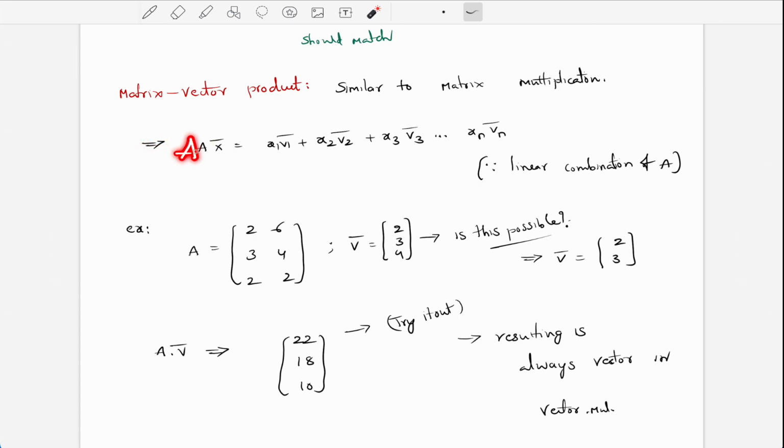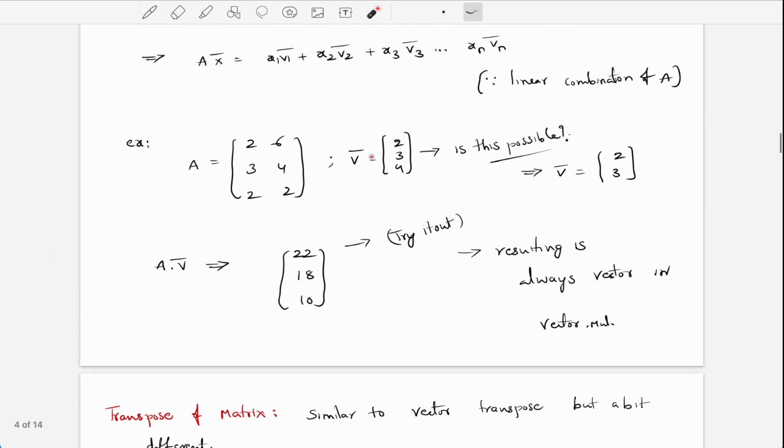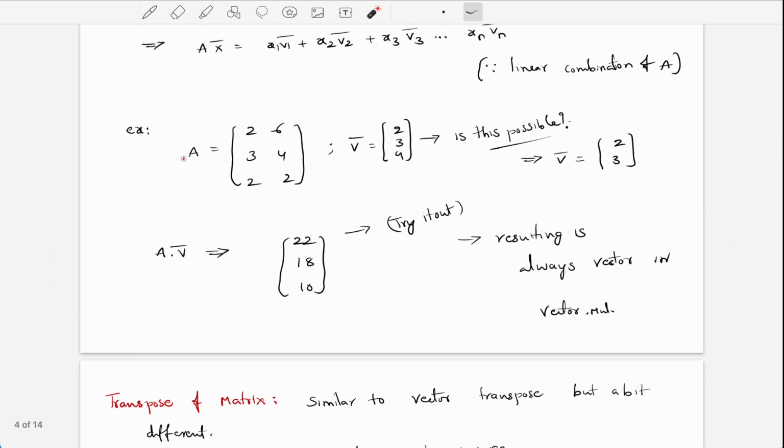We have a matrix and an x vector, and we are simply multiplying with each one. If x1 is 2 and x2 is 3 and x3 is 2, it's just a simple kind of formula. There is nothing over here. You are seeing this formula and thinking what the heck is this, but it's just a simple process. I'll give you an example.